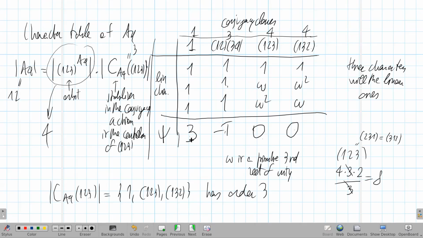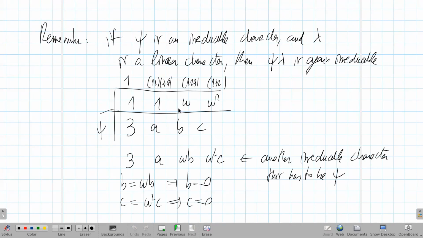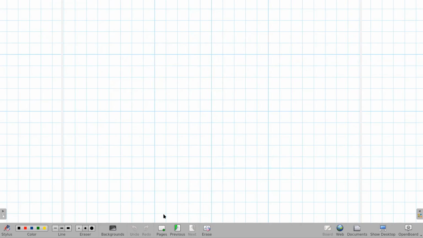And note, once you know that this is 3, something, 0, 0, you can obtain the rest. Just to clarify, I computed this character with the trick of 2-transitivity. But another way of calculating this character would have been first to note that if the character is 3, a, b, c, then b and c have to be 0 because of this property. And once you know that psi is 3, a, 0, 0, this time you take the trivial character.